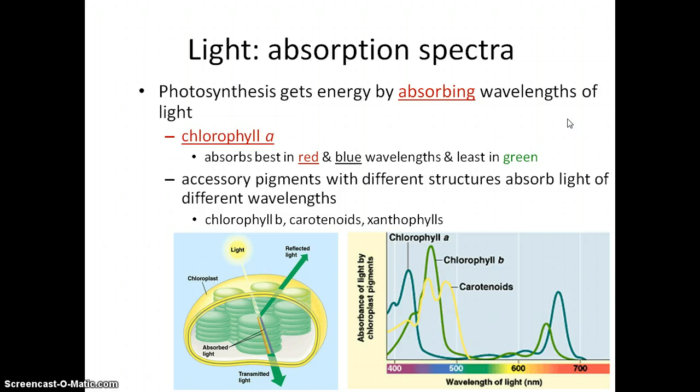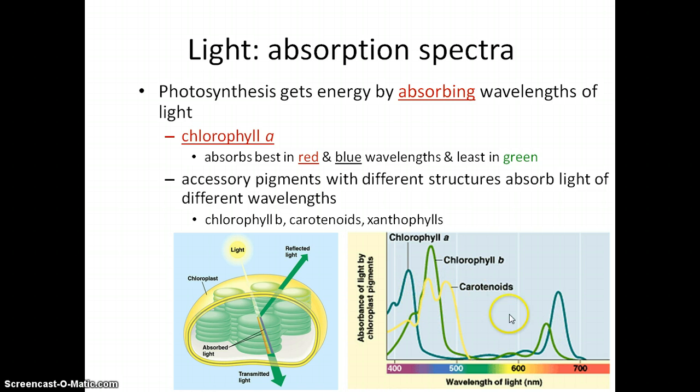We saw that chlorophyll A functions best in the high energy area of about 440 right here, and also again at about 680.